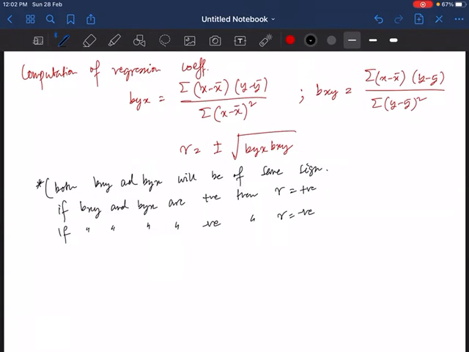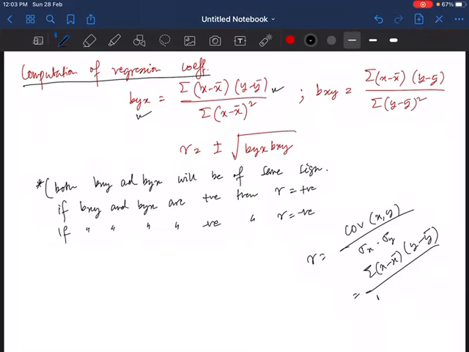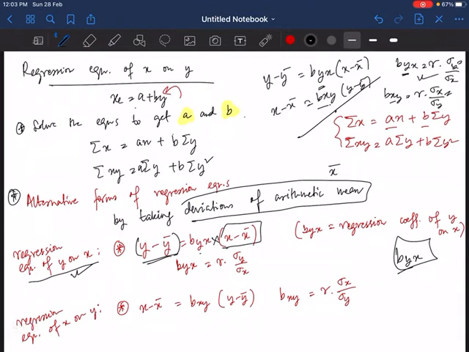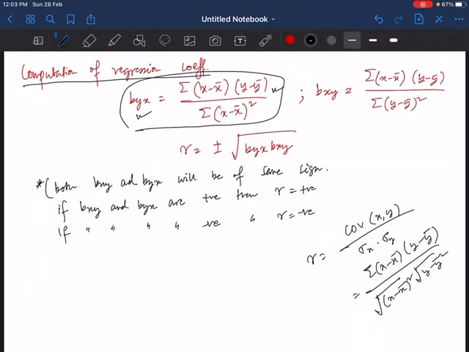Okay. Now there is another formula. Byx is equal to summation of x minus x bar, y minus y bar divided by summation of x minus x bar whole square. You know, we have done the formula of r. R is covariance of x comma y divided by sigma x into sigma y, which is summation of (x minus x bar)(y minus y bar) divided by root over summation of (x minus x bar) whole square, root over summation of (y minus y bar) whole square. So basically if you put those values in byx, you'll get the same formula.